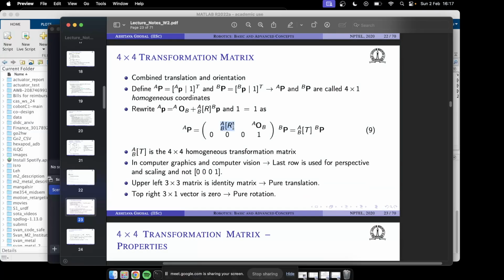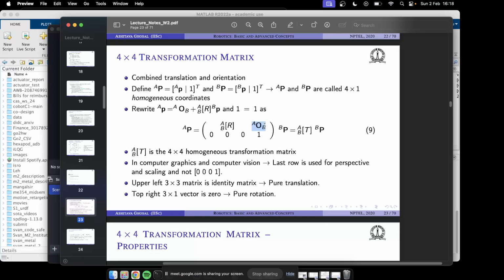So there is this rotation matrix part, that is the orientation of frame B with respect to frame A, and this O_B describes the translation of the origin of frame B with respect to the origin of frame A. So now the origins of these two frames are not necessarily coincident anymore, right?